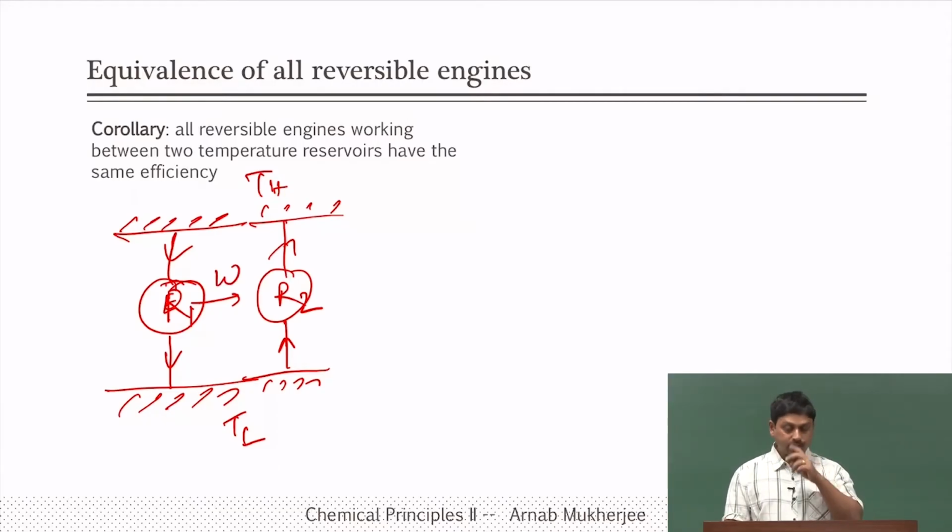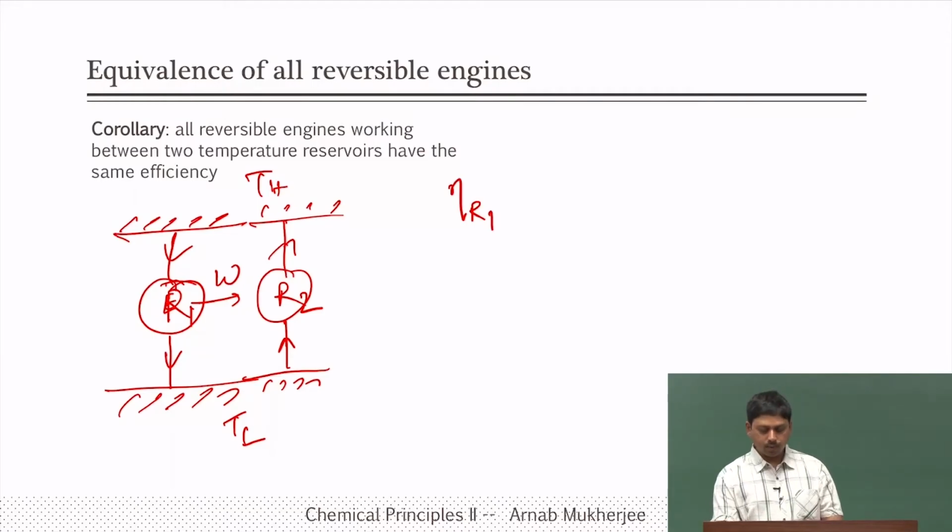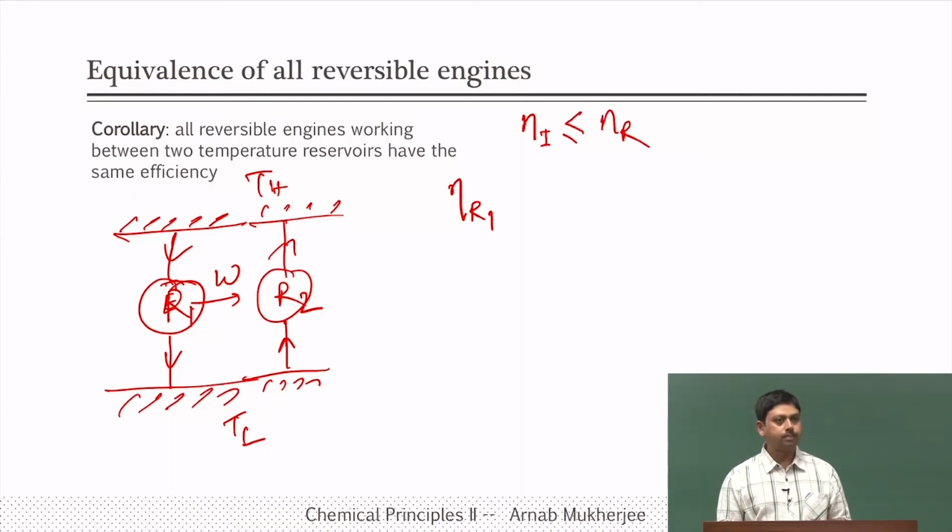So, here R1 is driving R2, just like the way we constructed it before. Following the same argument, we have gathered from the last example that eta I cannot be greater than the reversible one, which means it will be less than or equal to the reversible one.